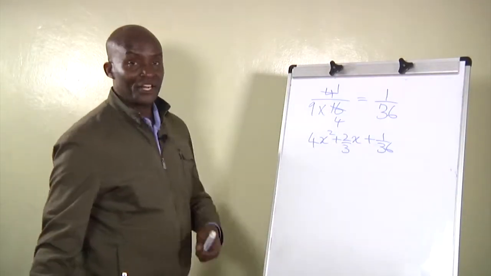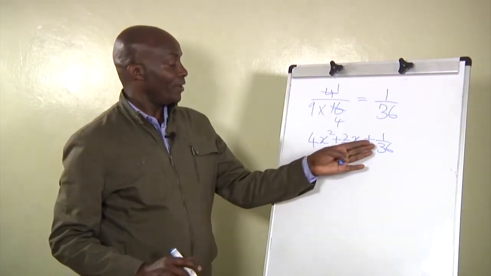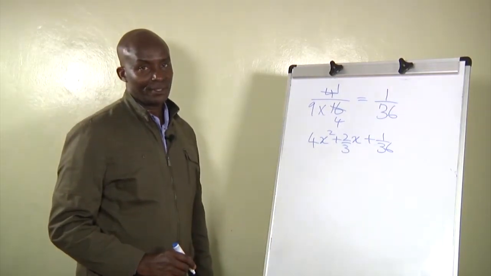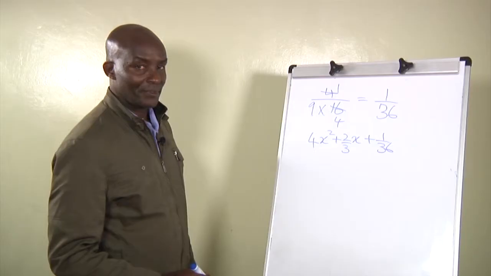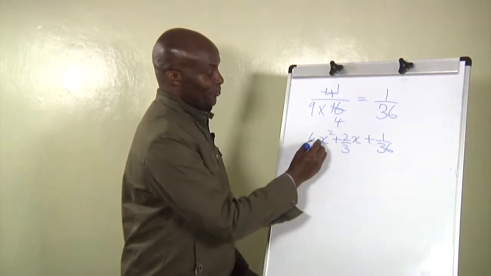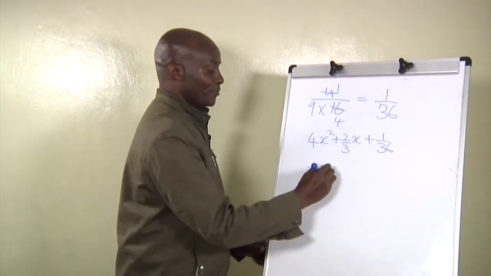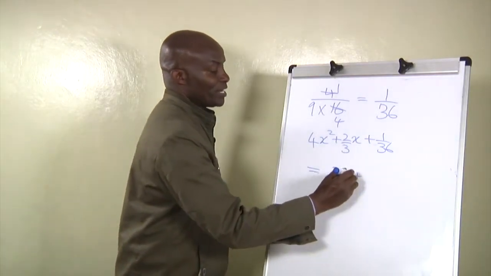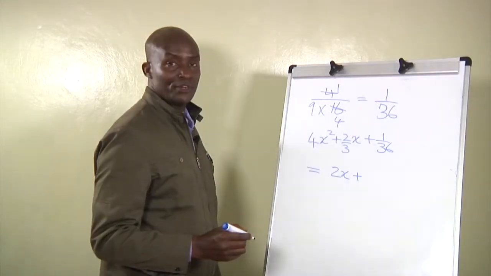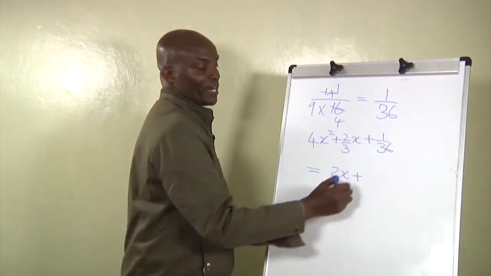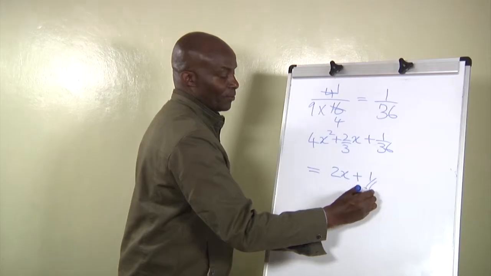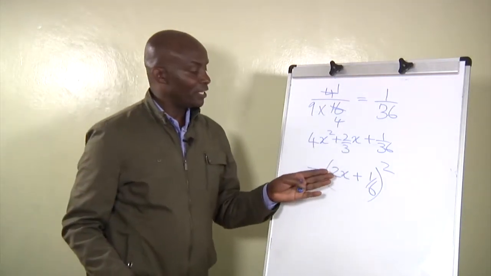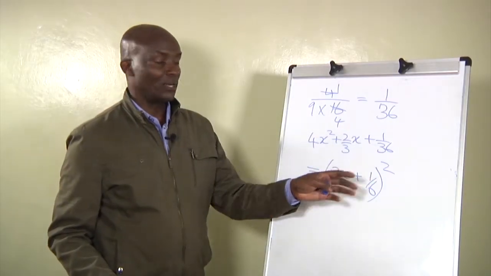Now, can you write this as a square of a given expression? Remember what we said. You get the square root of the first term, 2x. The sign in between should be the sign in front of the middle term, and then the square root of the last term, which is 1 over 6. Therefore, this expression can be written as 2x plus a sixth, whole squared.